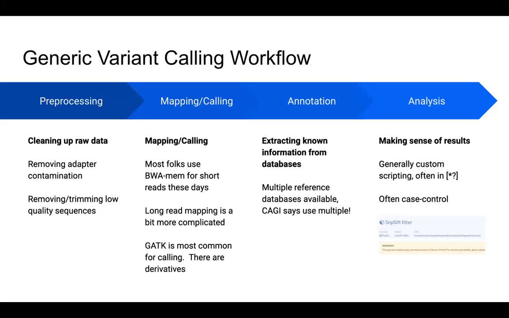Eventually, that's a little bit out of scope for this talk. You're going to want to annotate your variants, extracting known things. Think about using clinical annotators. ClinVar is probably the most commonly used one now, but there's a bunch of them for cancer.